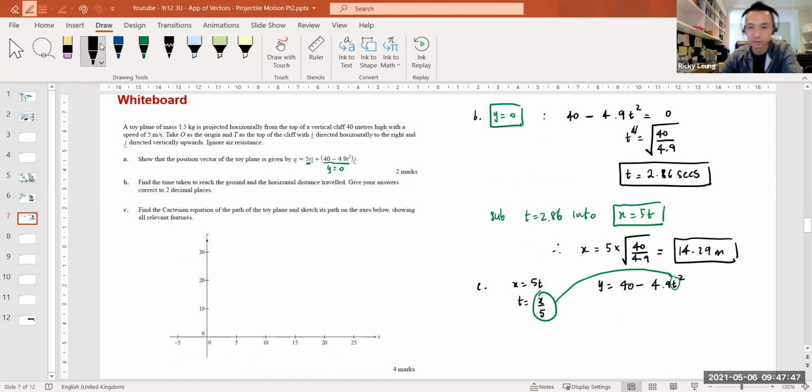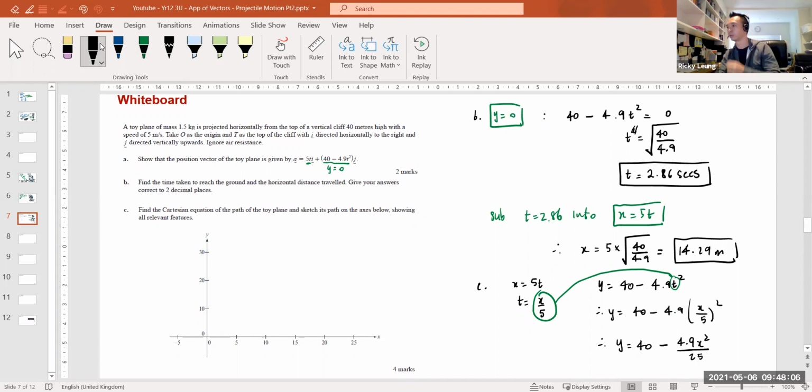Therefore, y equals 40 minus 4.9 times x on 5, squared. Therefore, y equals 40 minus 4.9x squared on 25. You can leave it like that, or 49 on 250 would be fine, whatever your teacher wants, but that's your answer.